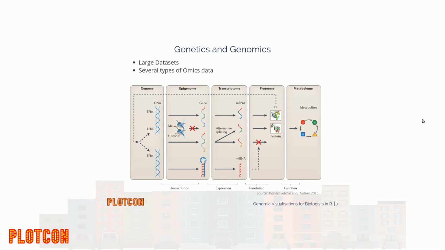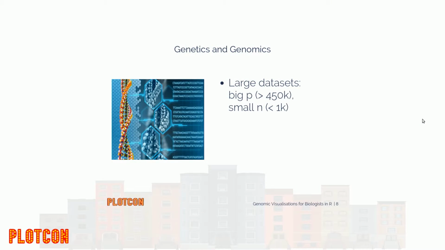So what does the DNA actually do, and how do the proteins work: gene expression, DNA methylation, things like that. That's generated lots of data sets, and this is what I mean by large. I don't want to get into the big data debate here, but you have lots of features and a small number of samples.